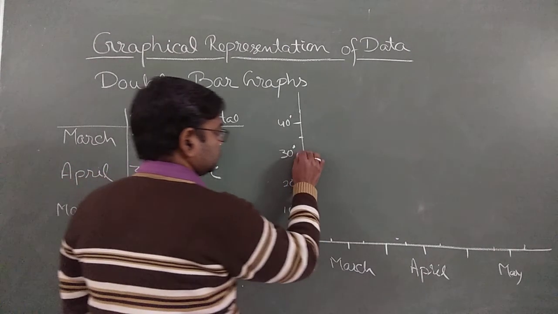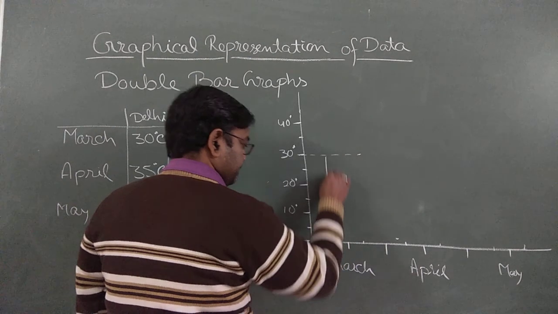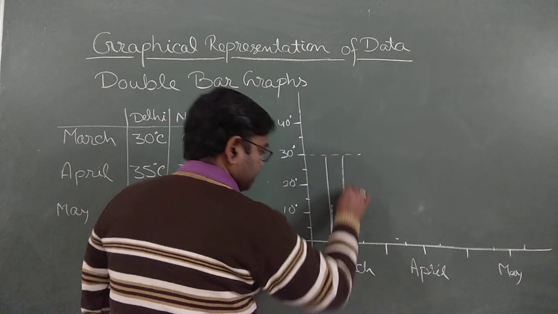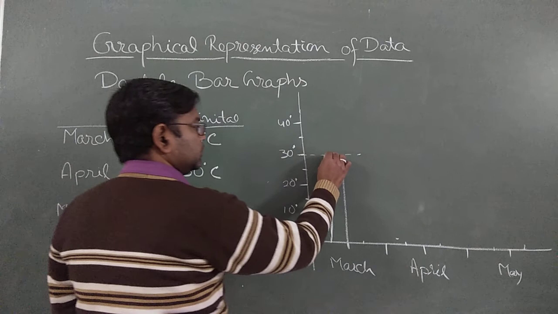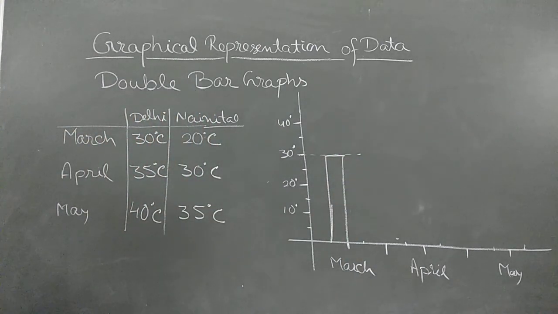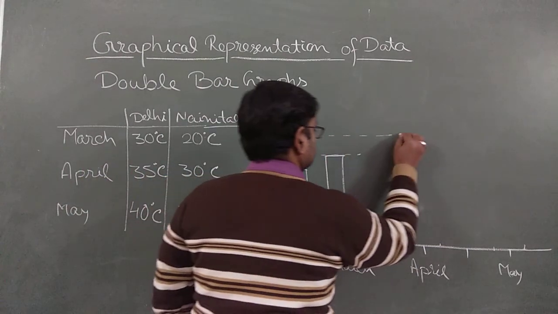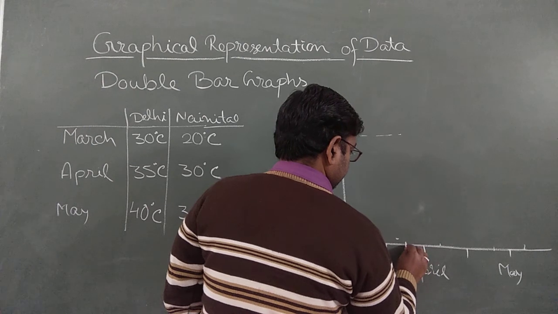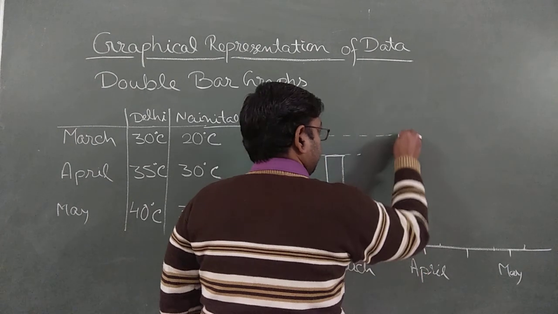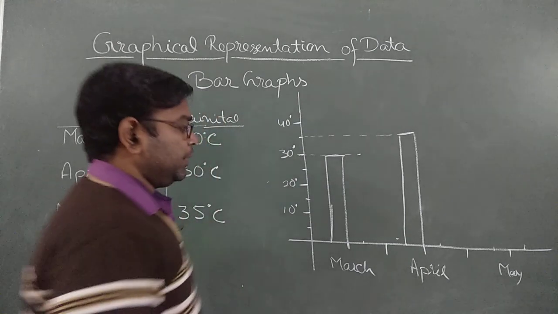So this is the bar for Delhi in the month of March, then 35 degrees centigrade in the month of April. This is April.